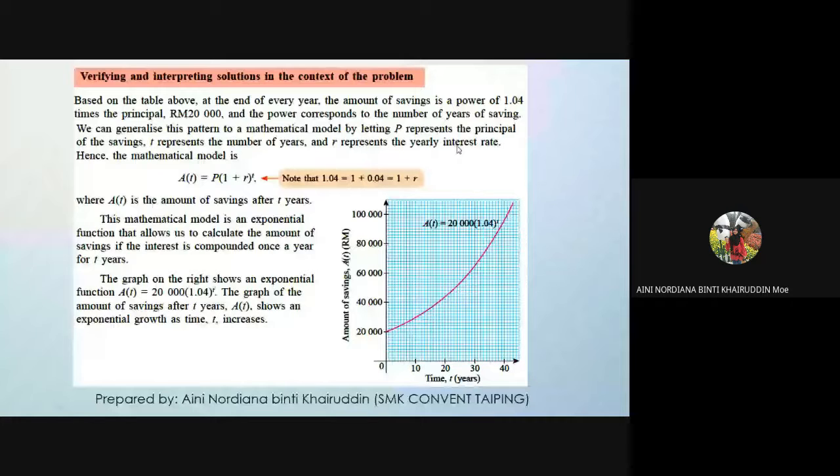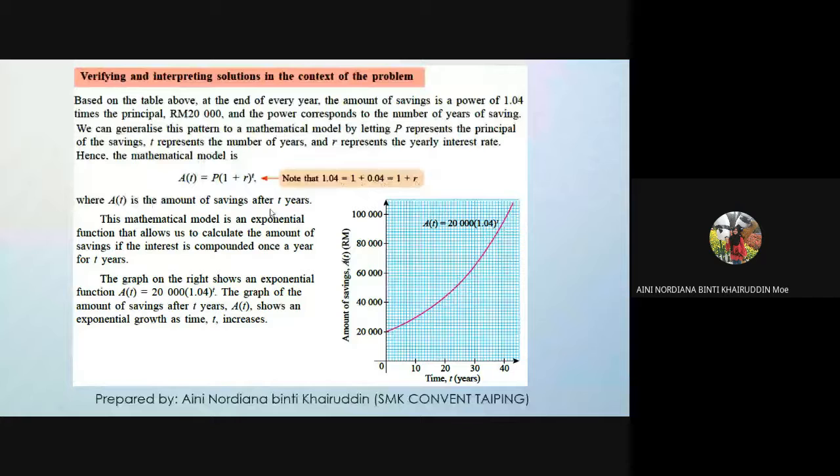Hence, the mathematical model is A, ini adalah amount of saving after T years, equals P(1 + R)^T. Note that 1.04 equals 1 plus 0.04 or 1 plus R.